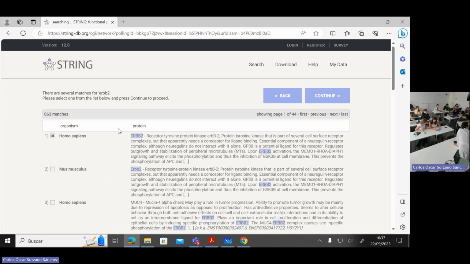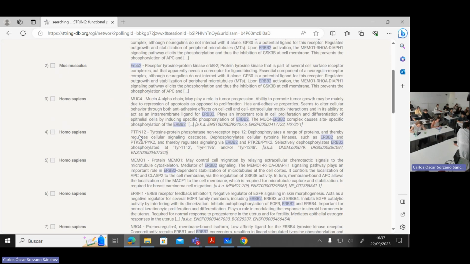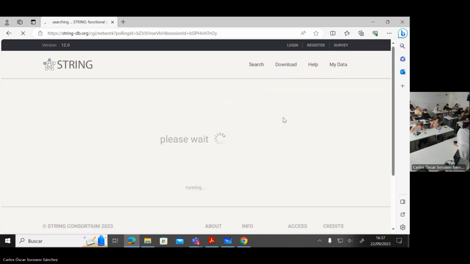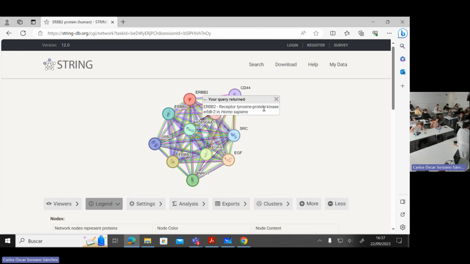And then you have the protein in different species. Here Homo sapiens, and Mus musculus is the mouse. We can see this one here, for instance. Then you go to the protein. Okay, and here you have your protein.